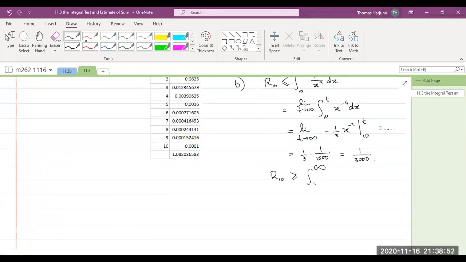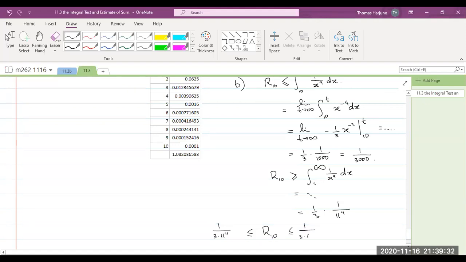This is 1/3 times 1 over 11 to the 4th. So this remainder is actually more than 1 over 3 times 11 to the 4th, but no more than 1 over 3 times 10 to the 4th.